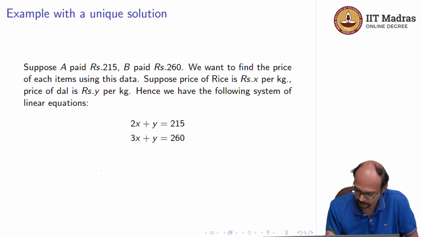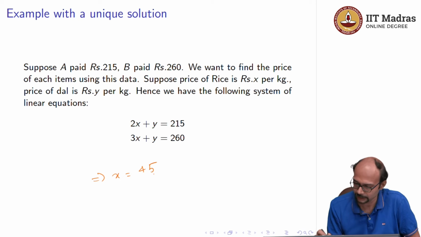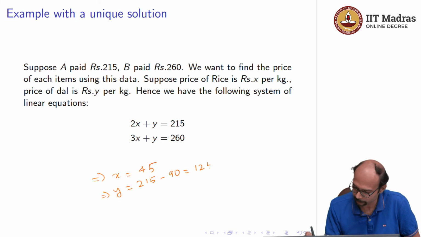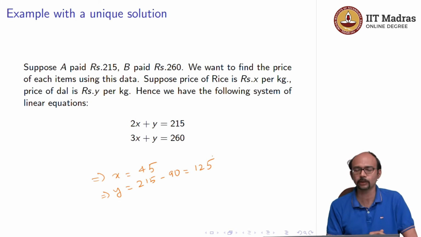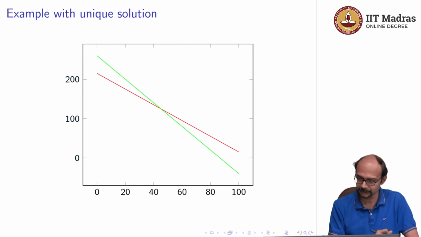So it's clear from here that x is 45, and once we know that x is 45, we can compute that y is 215 minus 90. So that's 125. This is like our first example. So the price of rice is 45 rupees per kg and the price of dal is 125 rupees per kg.